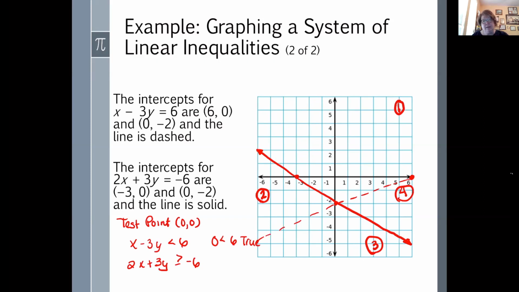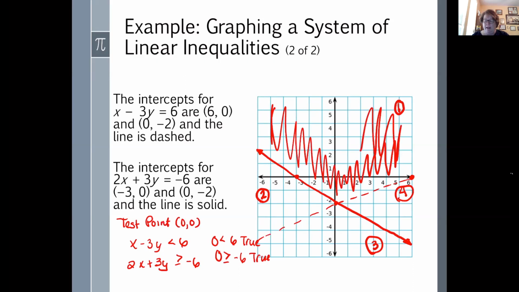But I have to check the second one. So if I replace x with 0 and y with 0 in the second one, I get 0 is greater than or equal to negative 6. That is true. So I would take my bucket tool and I would shade the region that contains (0, 0). And that concludes section 5.5.